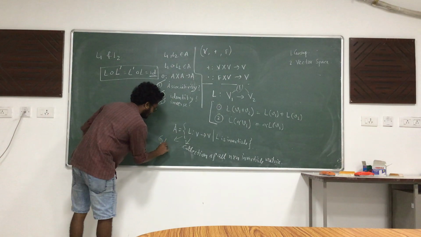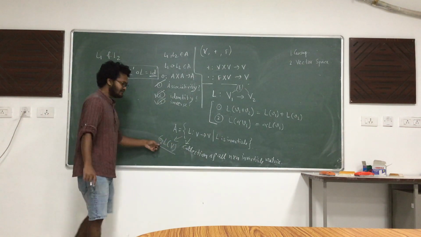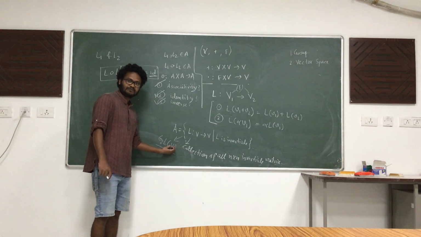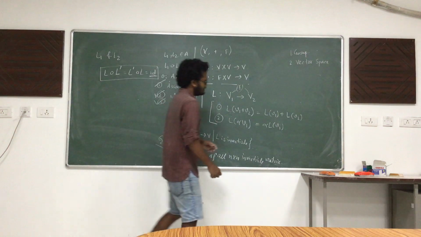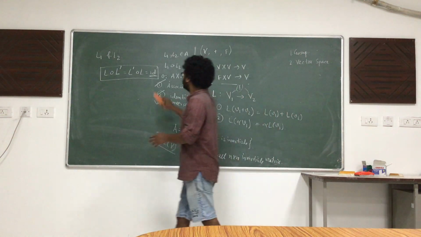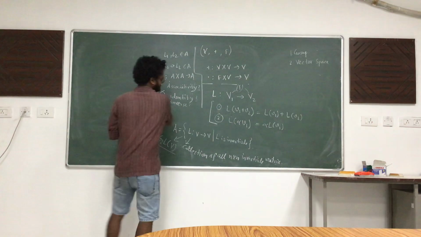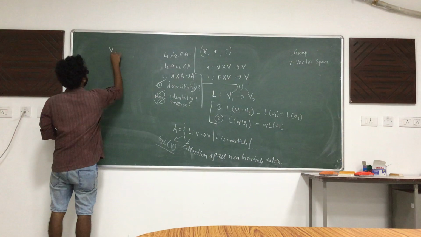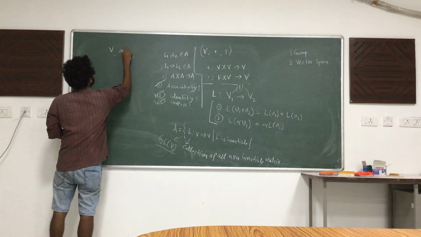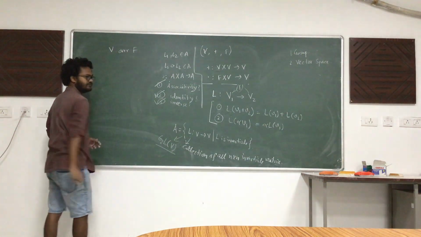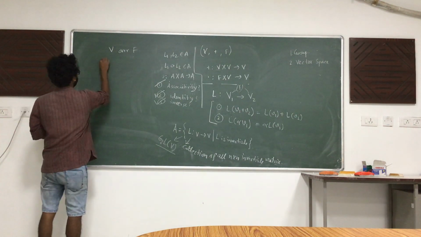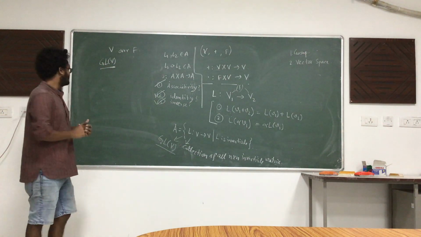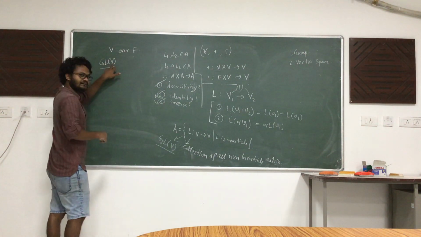This is called GL, the general linear group of the vector space V. So far what we learned is, given a vector space over a field F, we have another set which we call GLV.